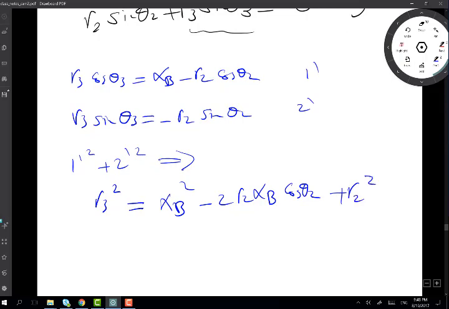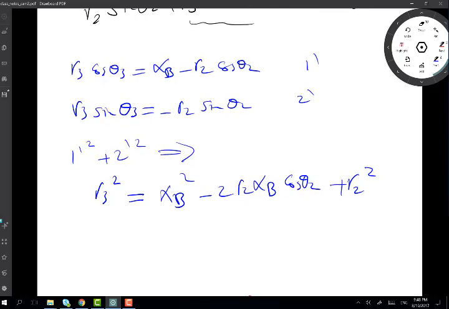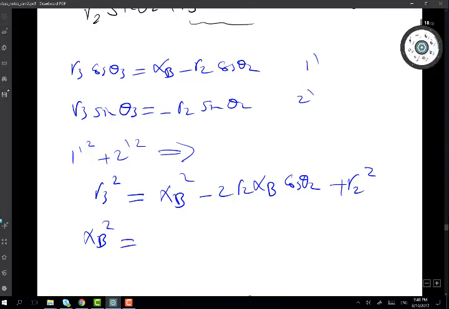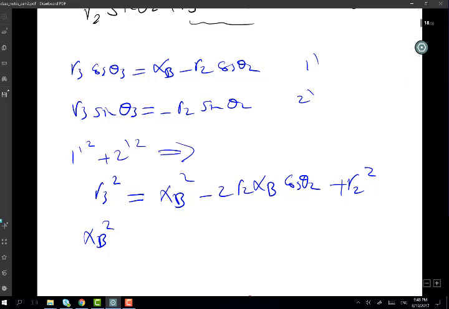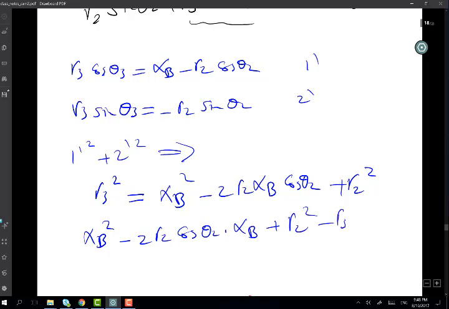Now I'm just going to arrange my equation and move my R3 squared to the other side. So minus 2 R2 cosine theta 2 times XB plus R2 squared minus R3 squared is equal to 0. That's a quadratic.